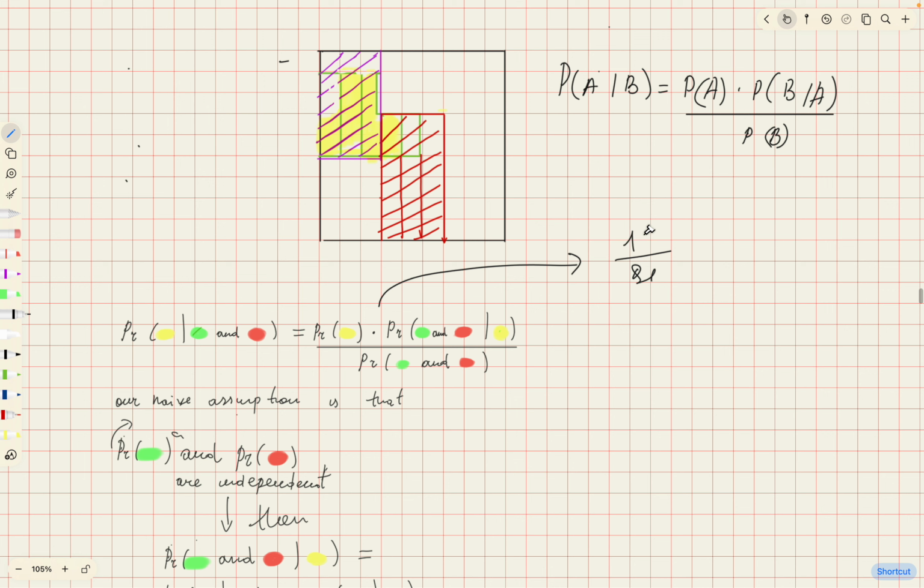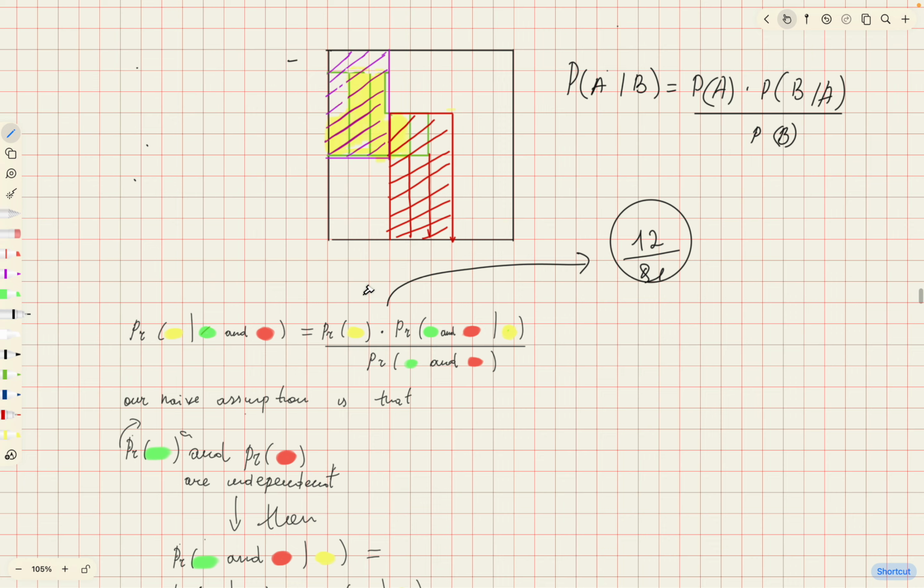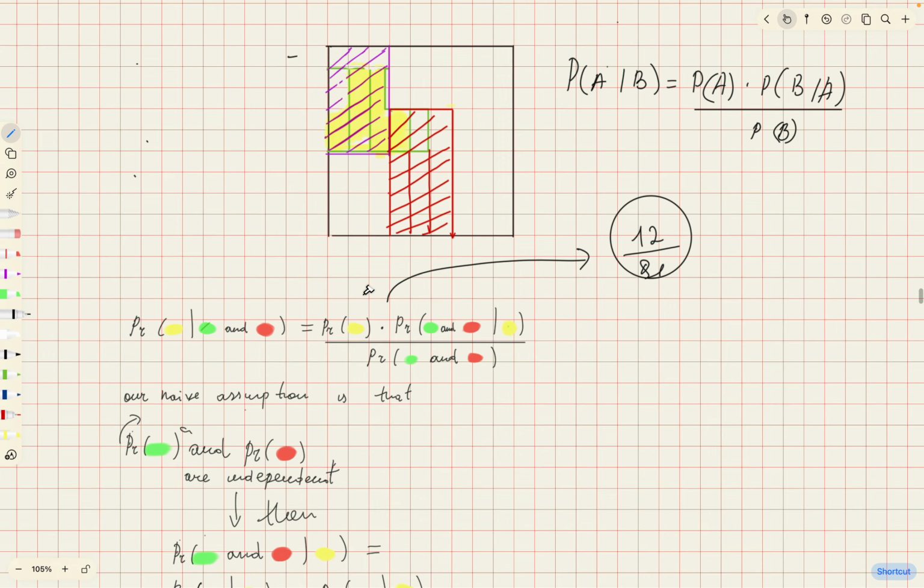So 12. I just calculated this so you have an idea of how we can calculate the others as well.